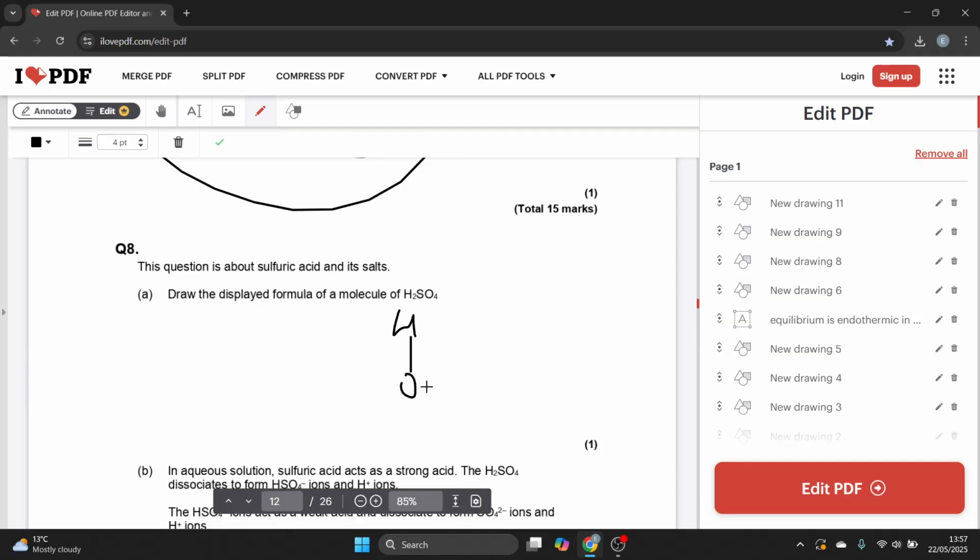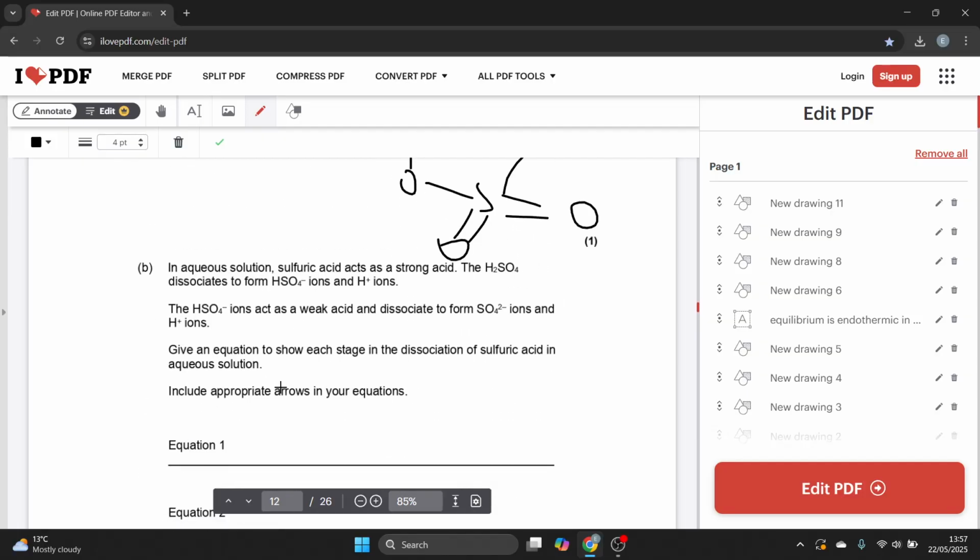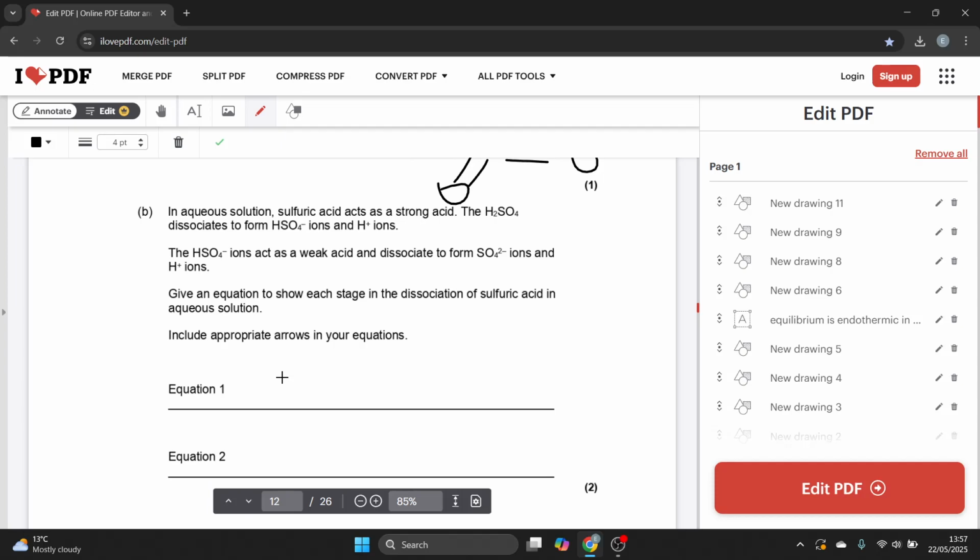This is how I like to do it. H2SO4. And then it says HSO4 minus ions act as a weak acid. They dissociate from this and this. Give me the equation. So the H2SO4 dissociates to HSO4 minus plus H plus.